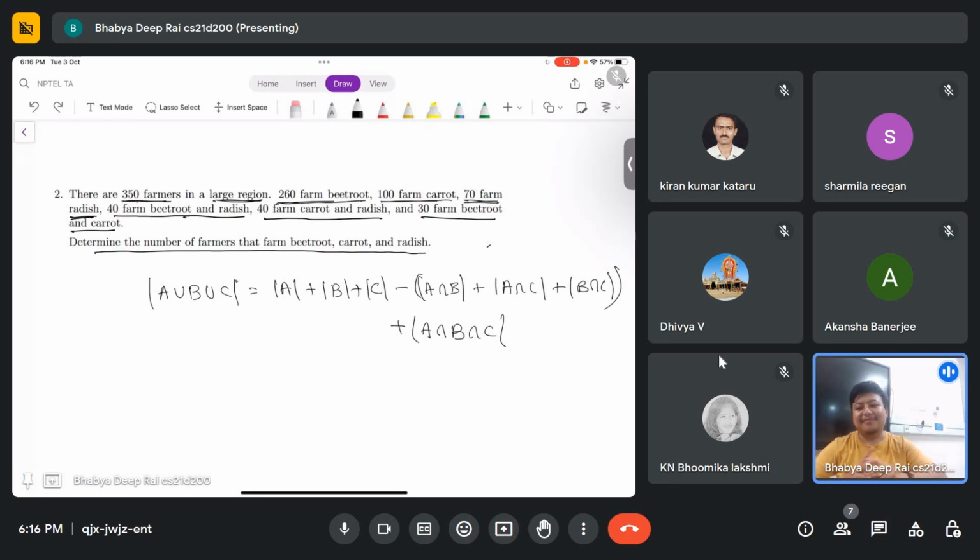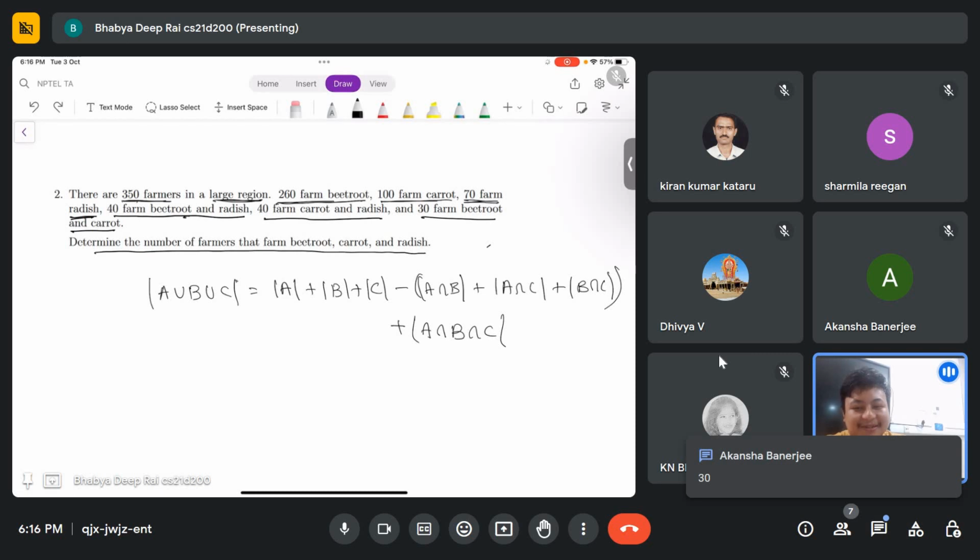Again, if there is confusion relating to the previous question, every farmer should farm at least one of these three vegetables.